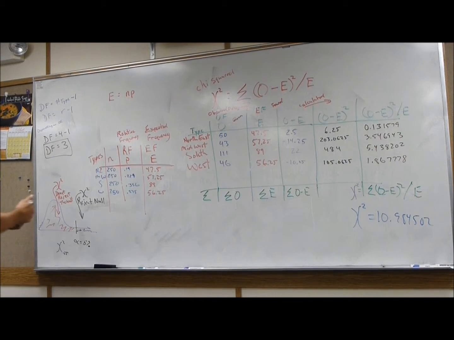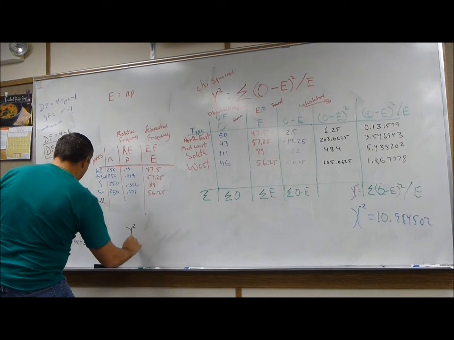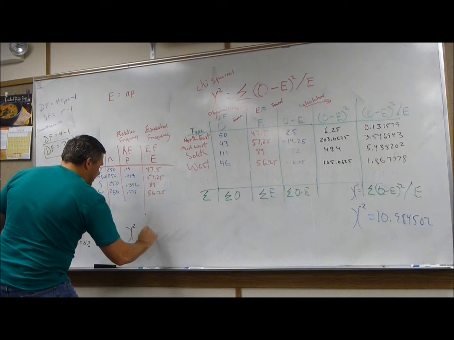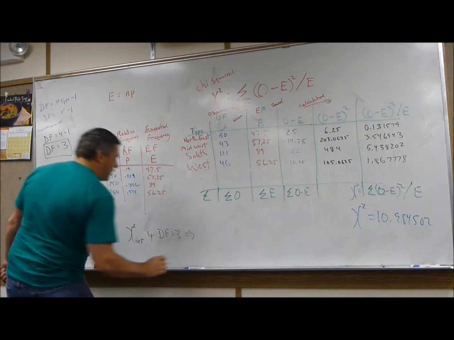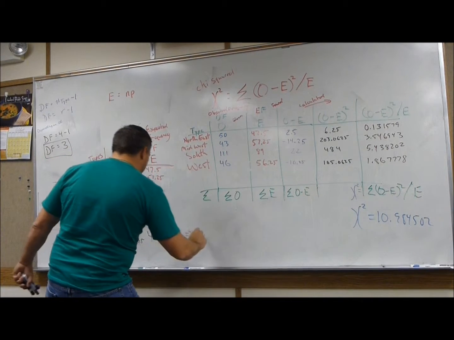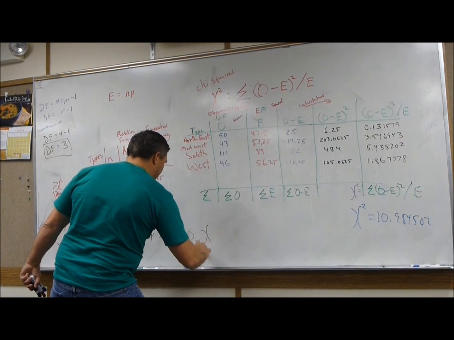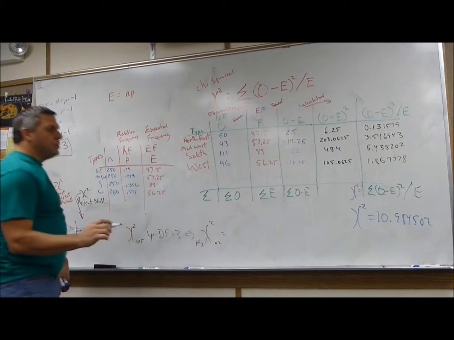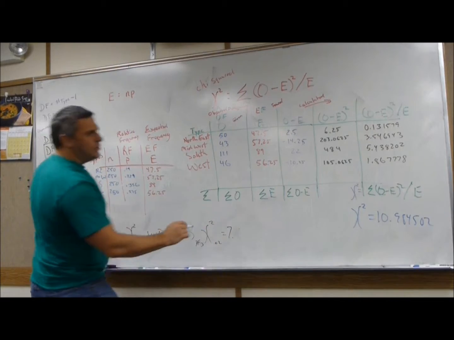That means I have to look up a chi-square of 0.05 where my DF is equal to 3, which, when I look it up in the chart, is equal to 7.815.